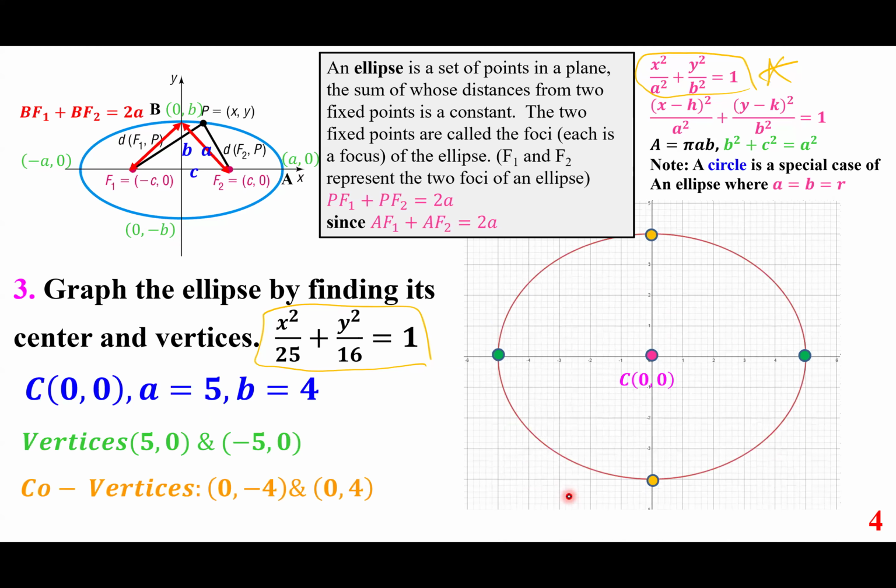And by the way, the closer these two values are, the closer the shape looks like a circle. Now, if B is larger, it's elongated this way, then the vertices would be on the y-intercept, and this will change also.